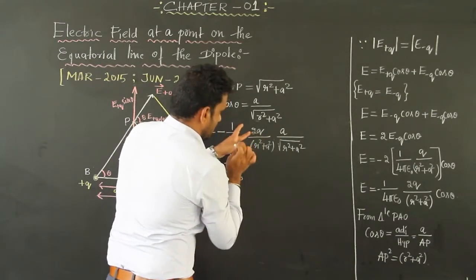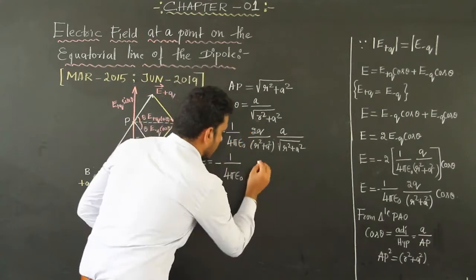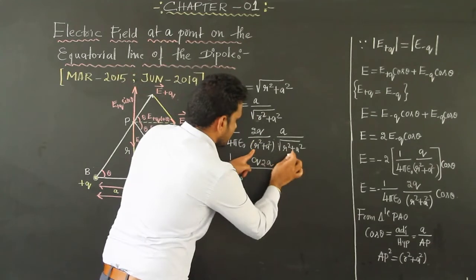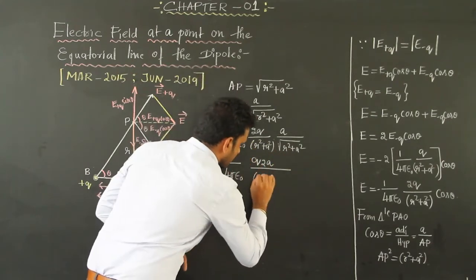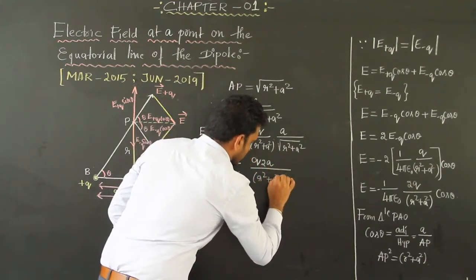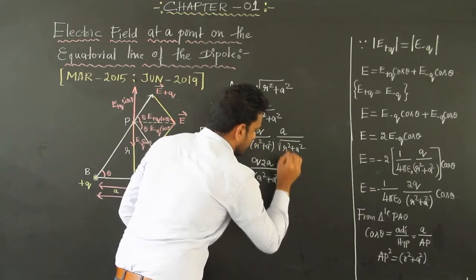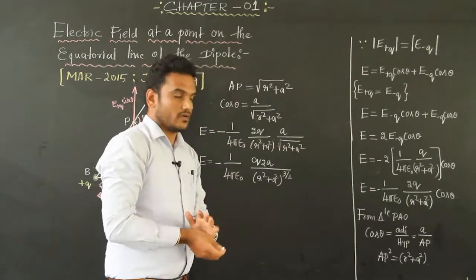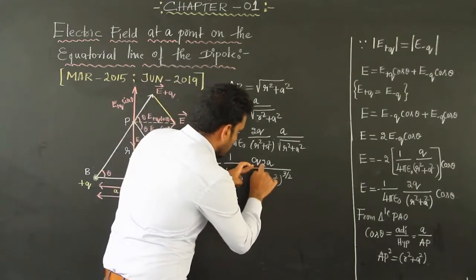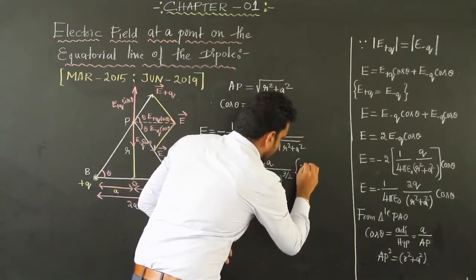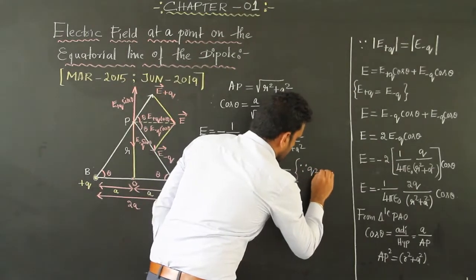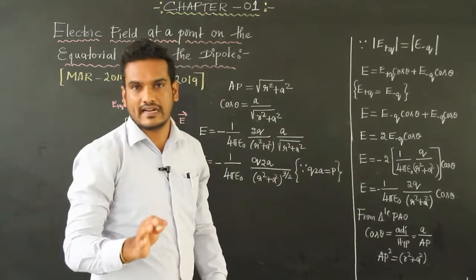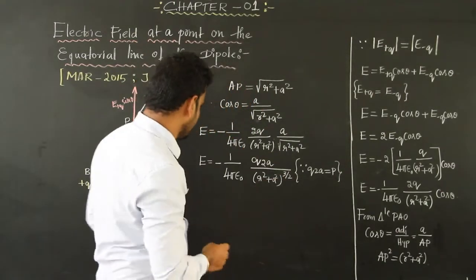2QA can be written as Q into 2A. And if you simplify this denominator, you will get R square plus A square to the power of 3 by 2. Because here the power is 1, here the root value is 1 by 2. But Q into 2A is nothing but P, that is electric dipole moment.